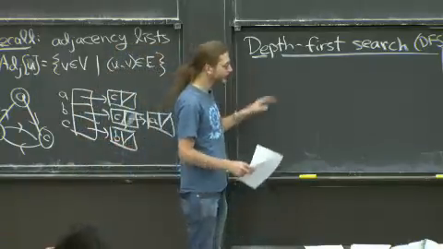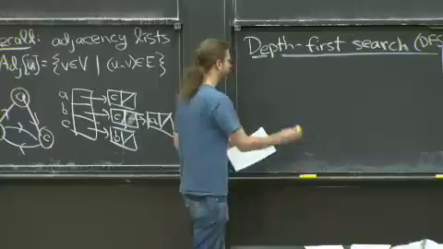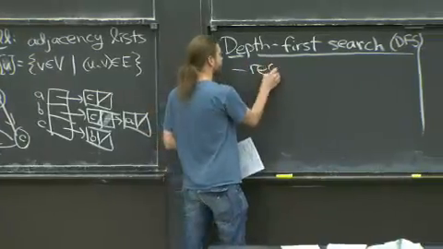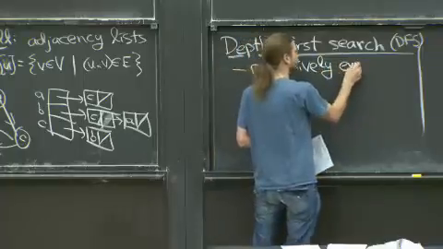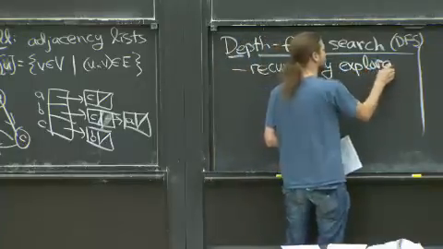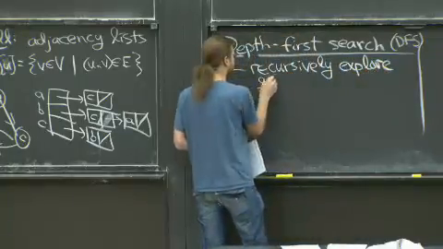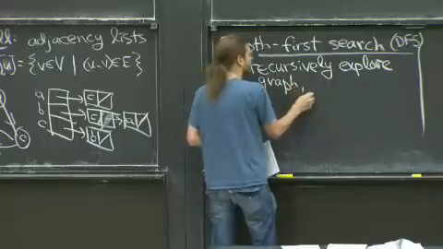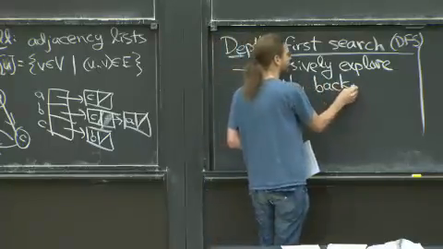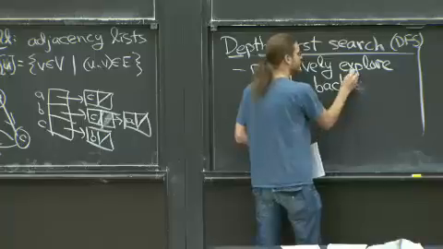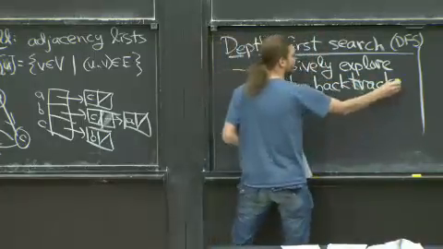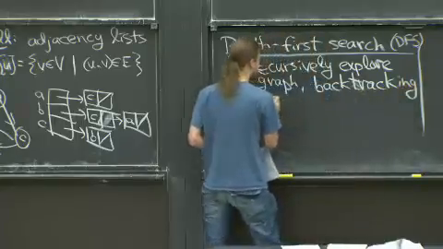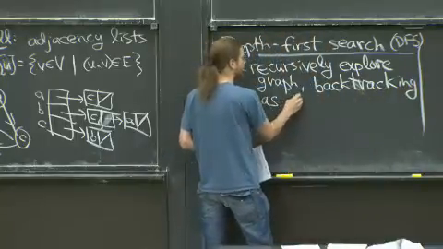And this can be done very easily on a computer using recursion. So a high-level description is we're going to just recursively explore the graph, backtracking as necessary, kind of like how you solve a maze.